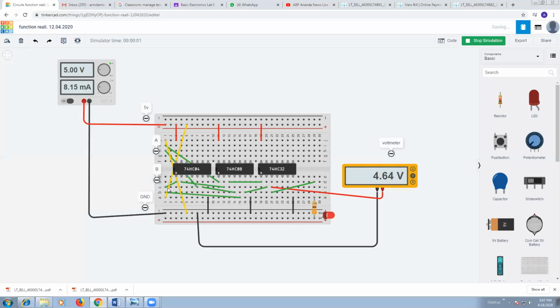If we connect B from here, deleting, it is already saved, so it is not changing. That's why I am not able to change here.